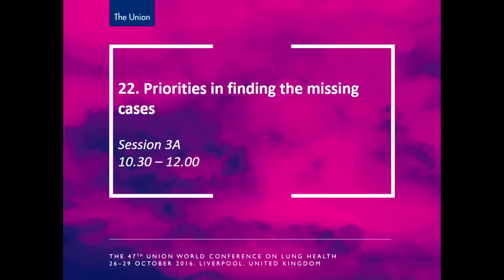This session, we'll discuss the priorities in identifying missing cases. I think all of us are aware that the national TB control programs continue to miss a lot of TB patients due to a host of reasons, be it the cost on the health systems, on our patients themselves.